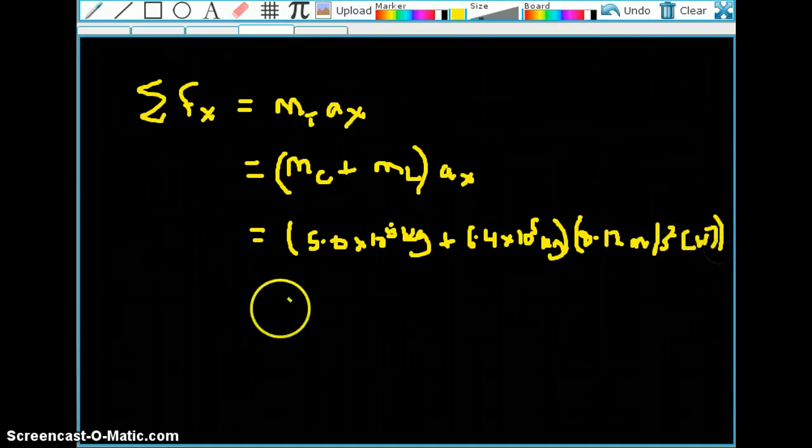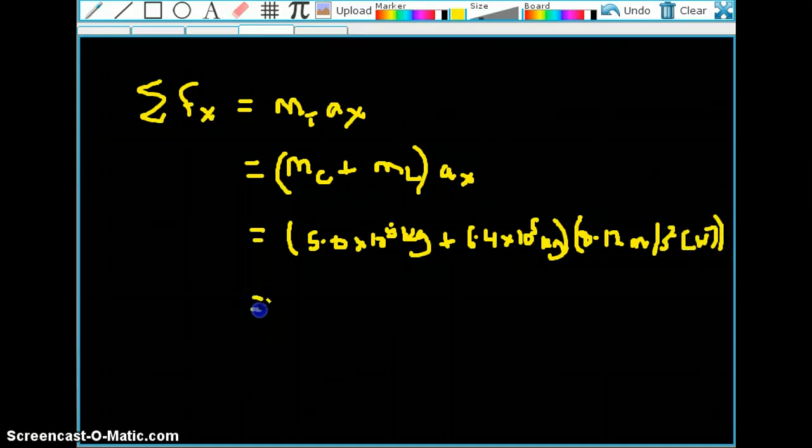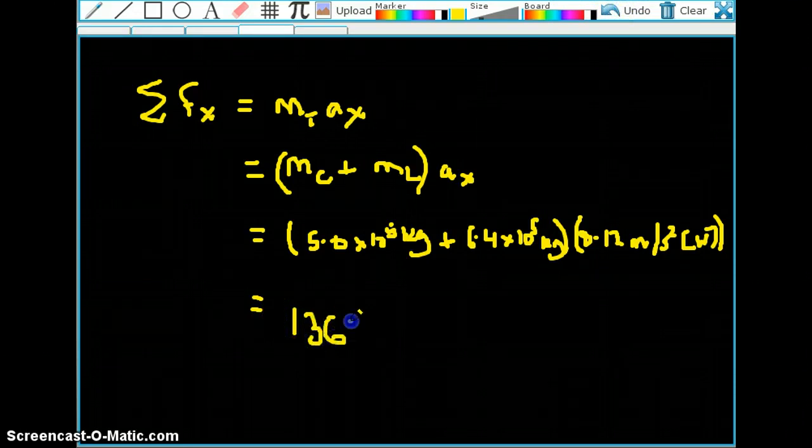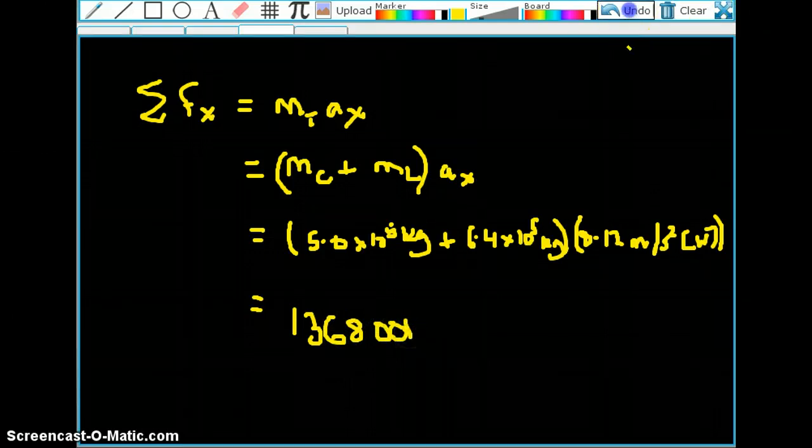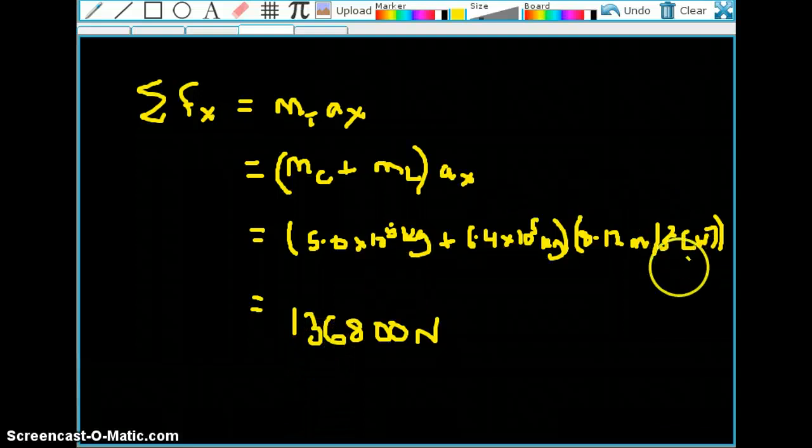All these values are given, and you can simply plug them into your calculator, and you should get, oh, super ugly writing, 136800 newtons. Direction wise, this is the magnitude, and there's only one direction here, which is west.